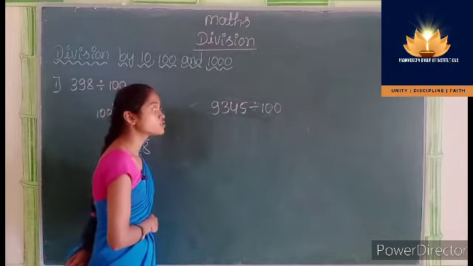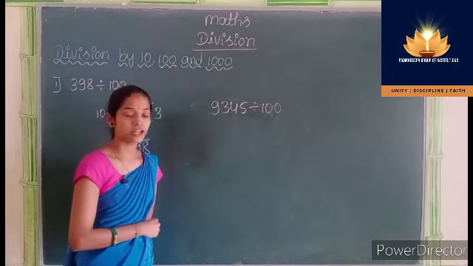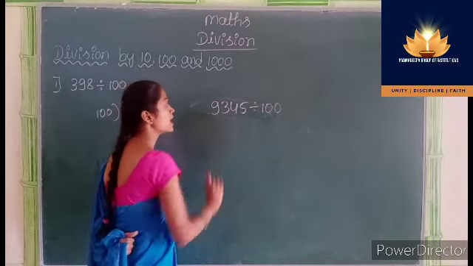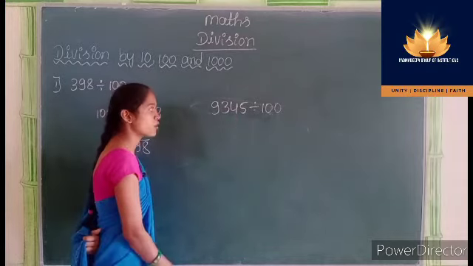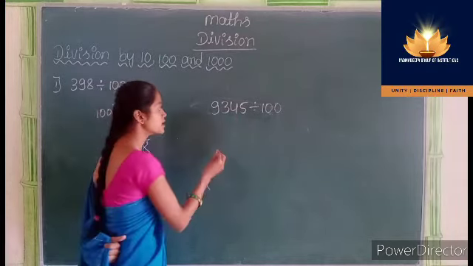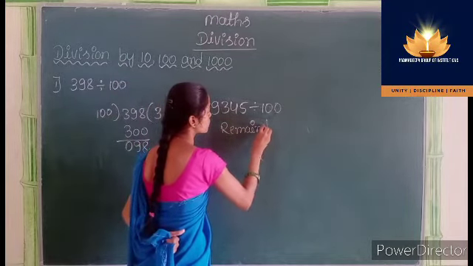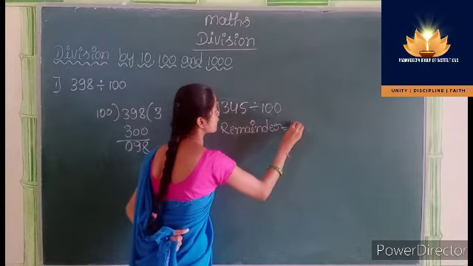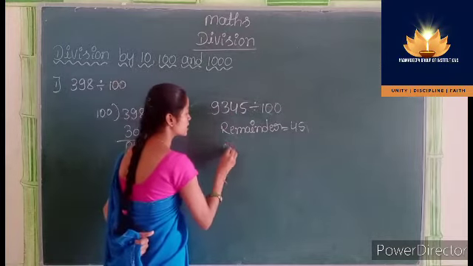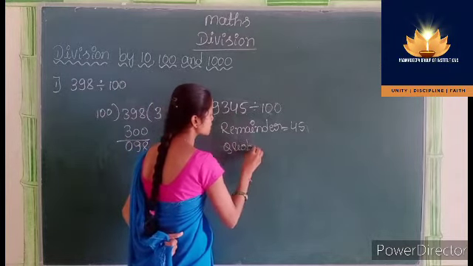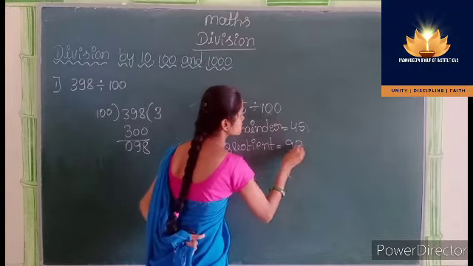We can say which one is remainder and which one is quotient without actual division. When we divide a number by 100, the ones place digit and the tens place digit form a remainder. So here the remainder is 45 and the remaining numbers form a quotient. Here the quotient is 93.